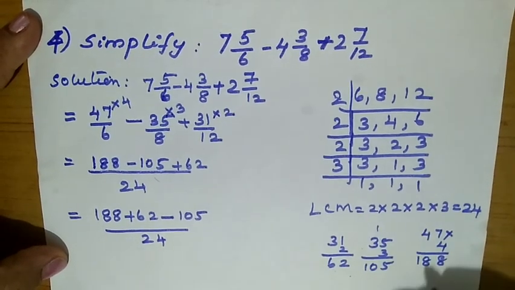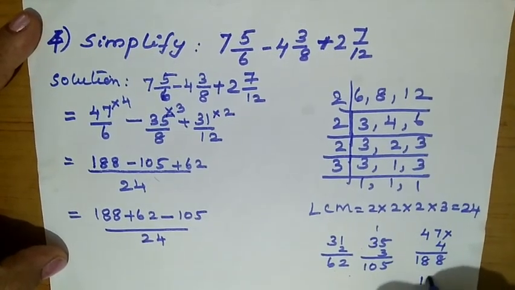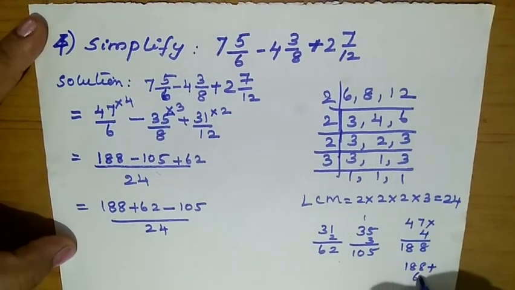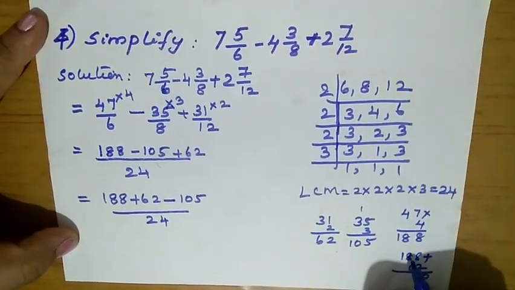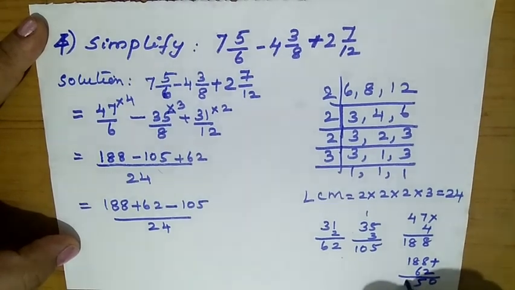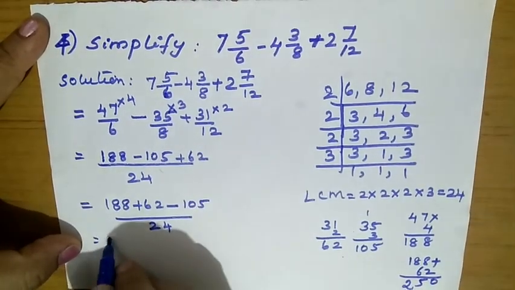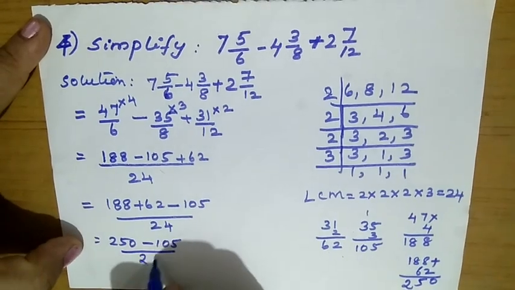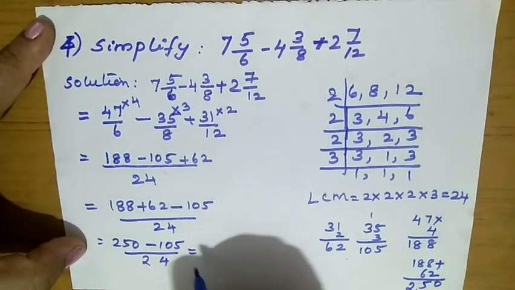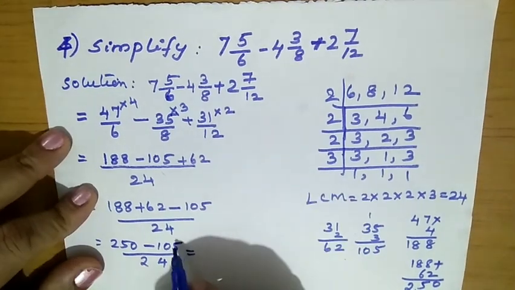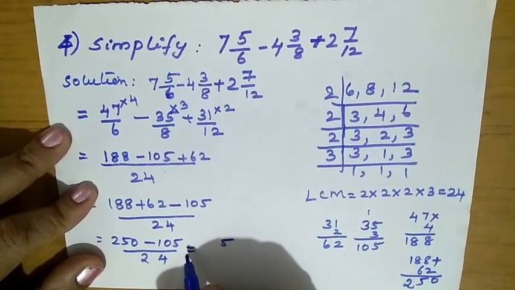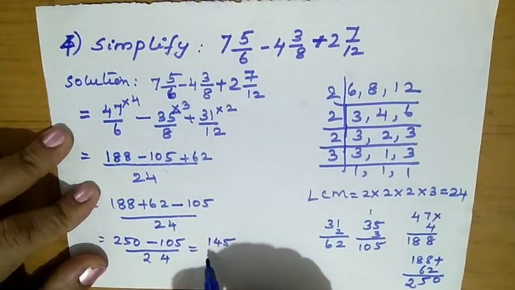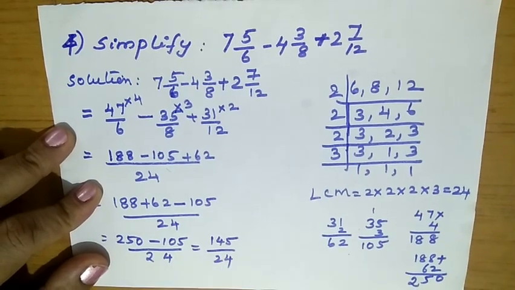188 plus 62, balance 1, it is 250. So 250 minus 105 divided by 24. Your answer is, 5 5s are 10, balance 1, 4, 145 by 24.